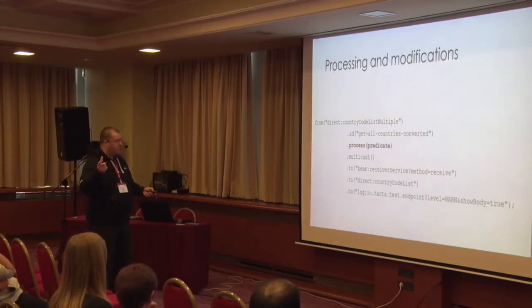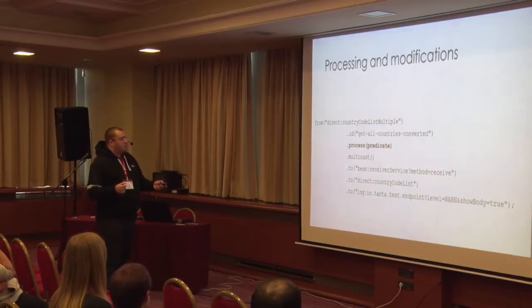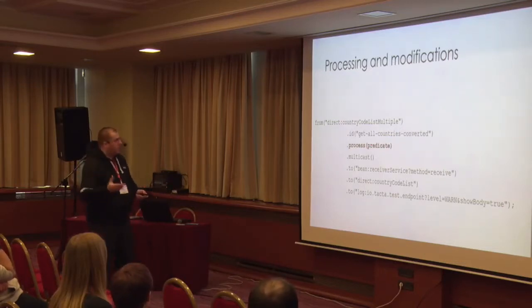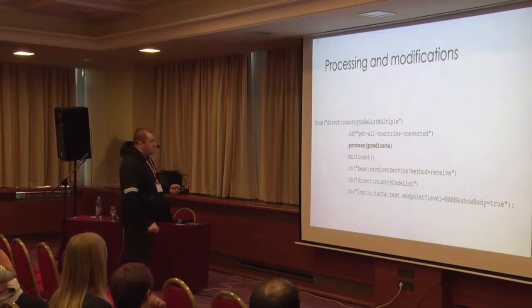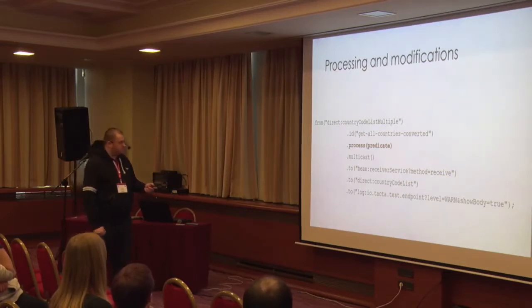So you still don't have easy access to the headers or other parts of that object that goes from one component to another. But inside the process, you have access, because process allows you to tamper with that object, which is called exchange. And what it expects is that you actually implement this functional interface.